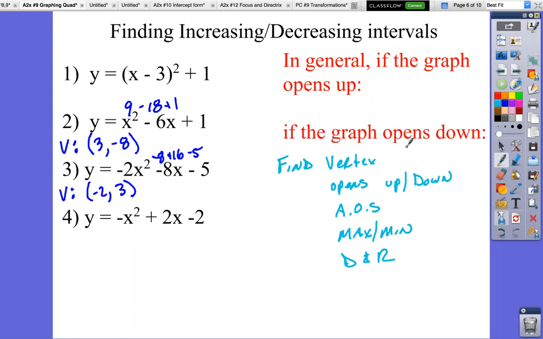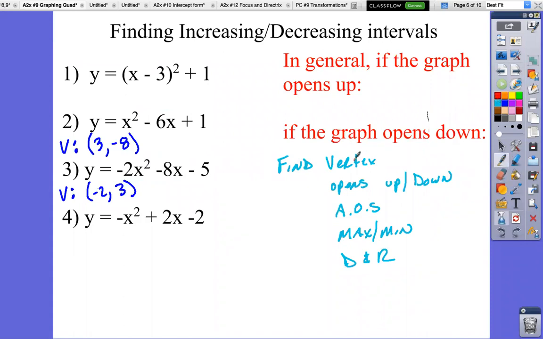Do not leave here today, and I mean that. Do not log off this call without being able to get the vertex, because everything we do in here plays off of the vertex. Any questions? All right.